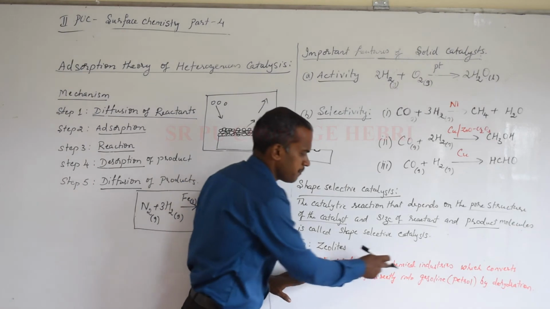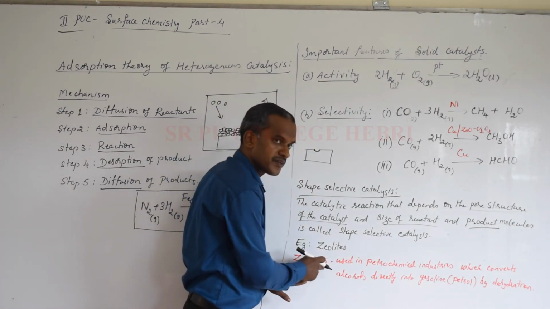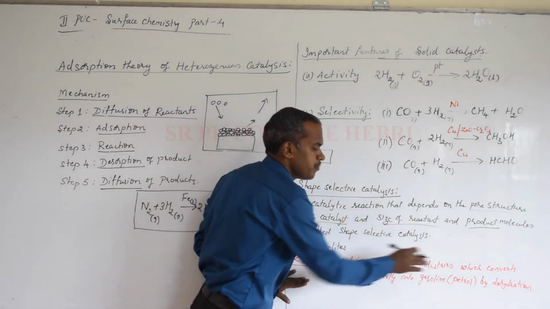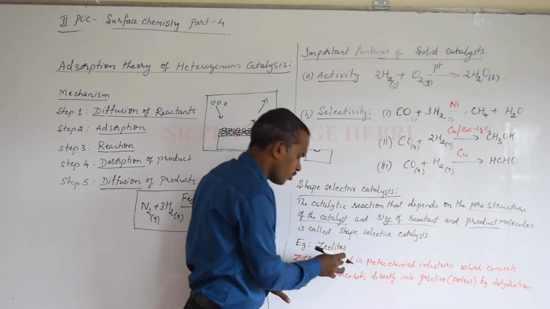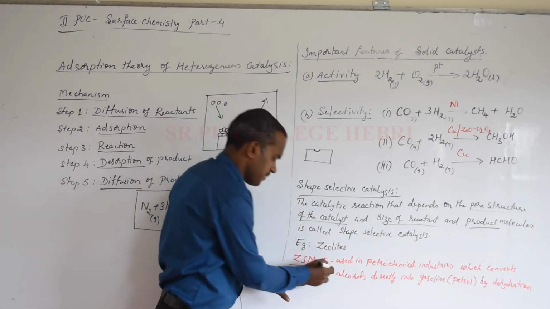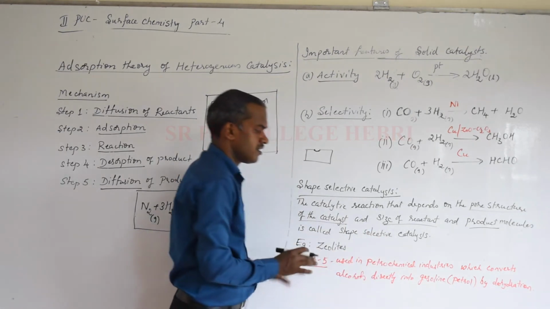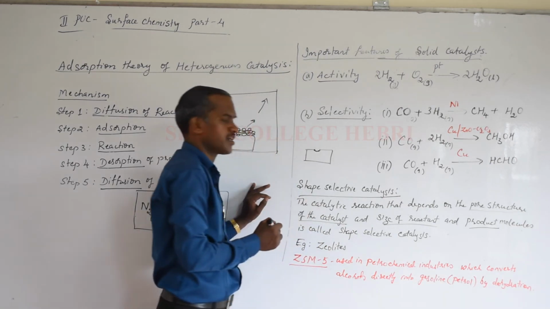It is used in the petrochemical industry. What is the role of that ZSM5 zeolite? It converts alcohols directly into petrol. A dehydration reaction takes place there. Its role in the petrochemical industry is very unique, and you can remember it as the example of a shape selective catalyst.